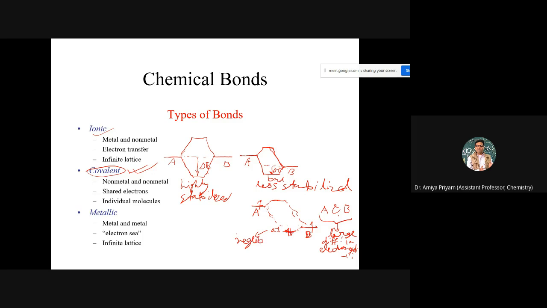The bonding orbital that is formed shows a very small drop from the energy level, a negligible decrease in energy, negligible stabilization.